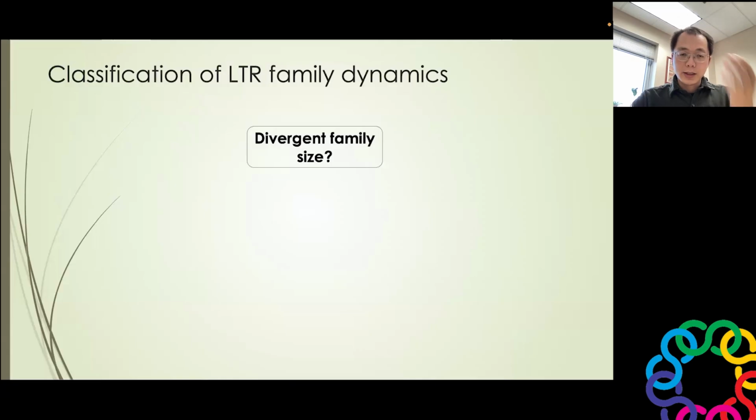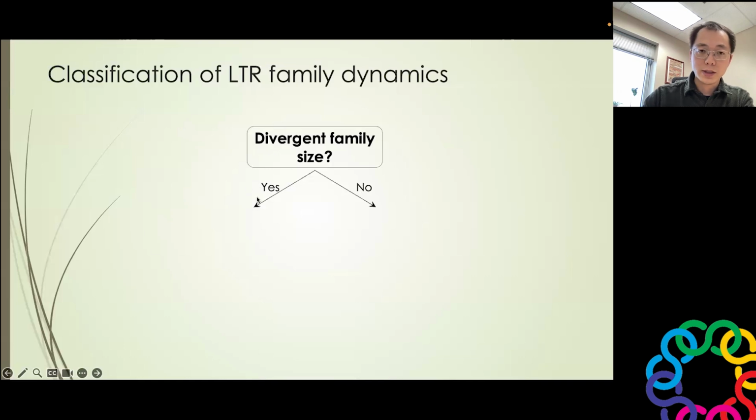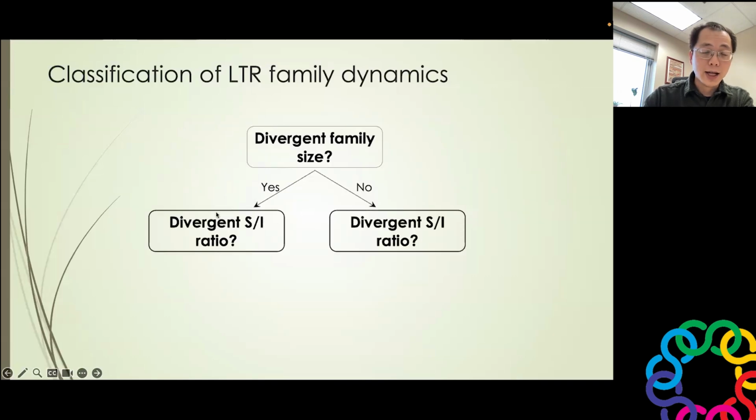Then we start to distinguish removal and amplification dynamics by first comparing whether the family sizes are different. Of course, the majority of them are not different, but some are different. And if they're different, we ask whether their solo intact ratio is statistically different between temperate and tropical maize genomes.